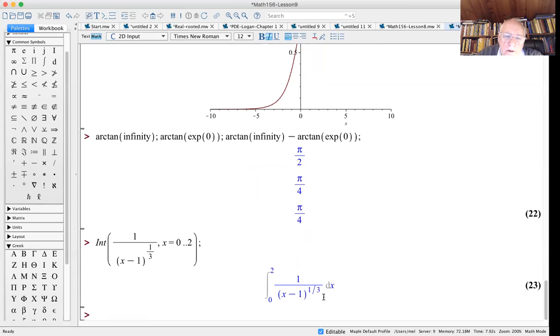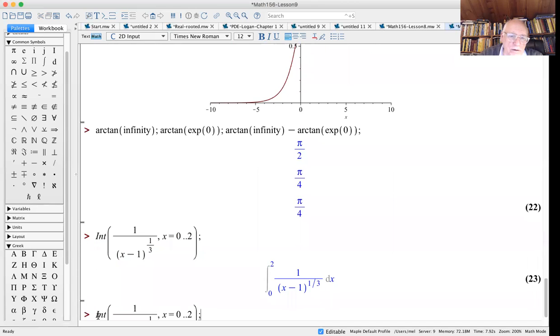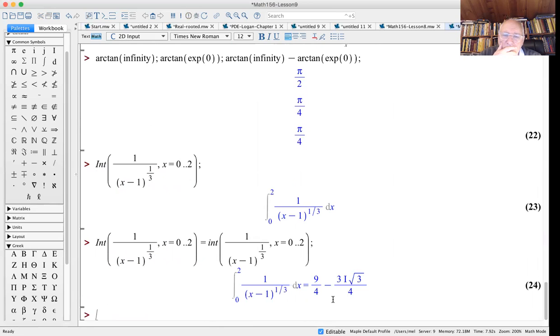Now, this is an improper integral because when x is equal to 1, the denominator is 0. Let's just see in one step whether Maple can solve this problem. Oh, that's weird. So this says we get some imaginary number, some complex number.